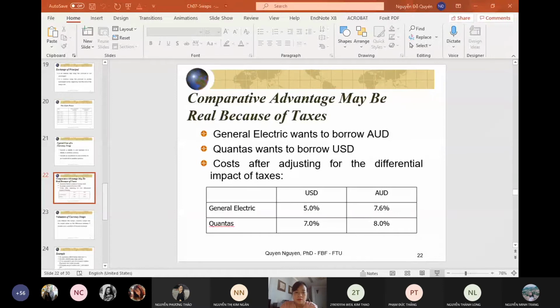Okay, the way we calculate the comparative advantage would be we take the difference between the fixed USD rates. So that would be 2%, right? 2%, and then Australian dollars would be 0.4.